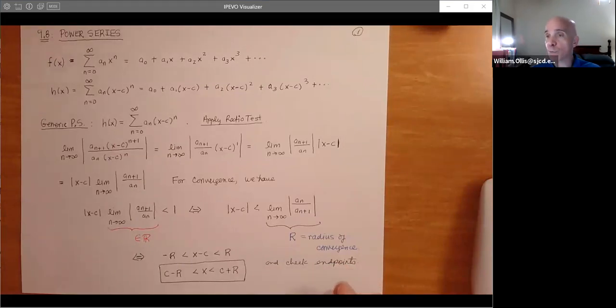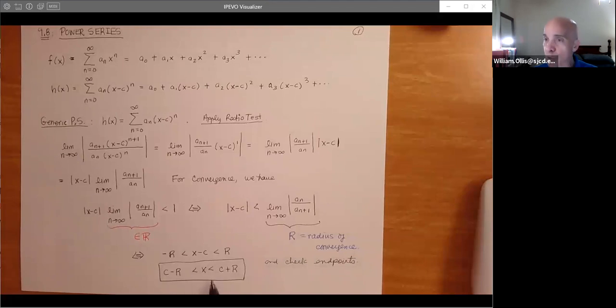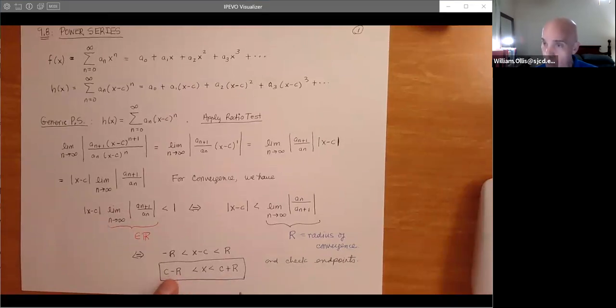We have a series of real numbers and we can say, oh, that's a convergent p-series, boom. Or we compare that to the harmonic series, which diverges. So basically with the ratio test, we get a set of real numbers, if we're fortunate, for which the series converges, and of course this is absolute convergence. Then we check the endpoints, and we may possibly add this one, both, or neither.